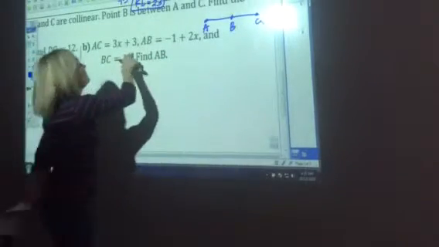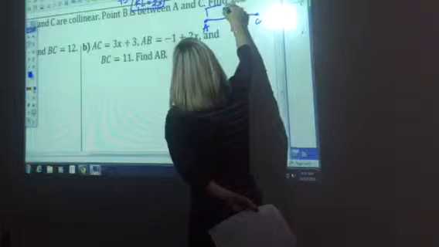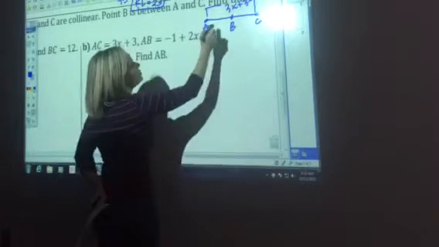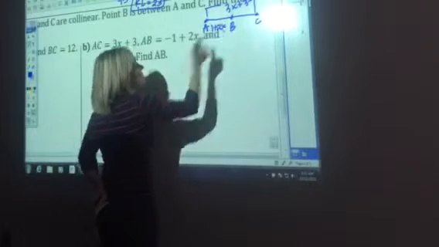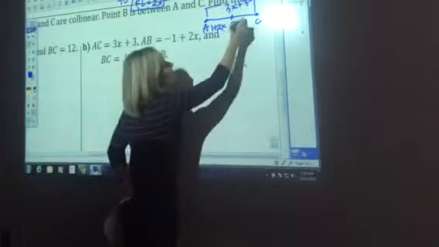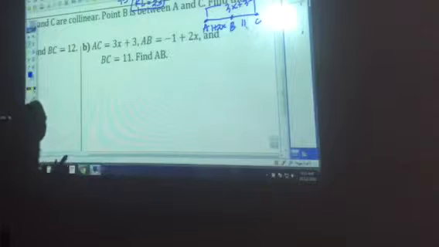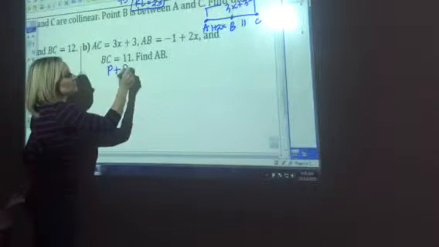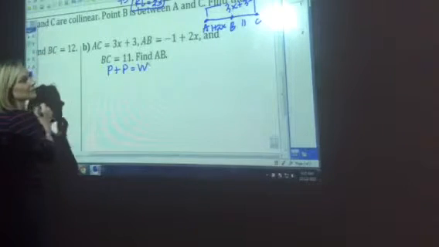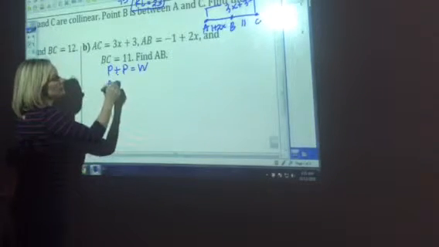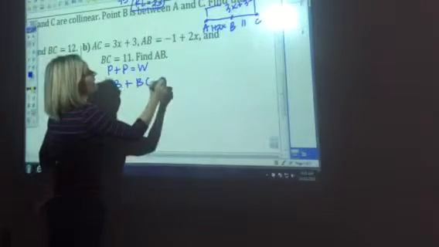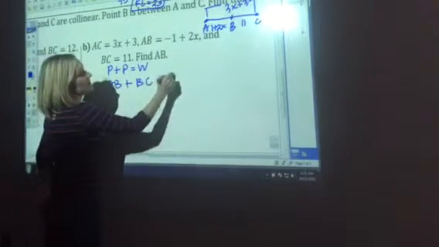If AC is equal to 3x plus 3, AB is equal to 1 plus 2x, and BC is equal to 11. To set this up again, I'm going to say part plus part equals whole. Our first part is AB. Our second part is BC. And then last, AC is the whole thing.